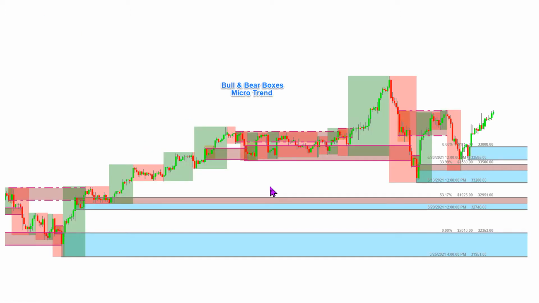So here's a picture of a chart that just has some bands on it and bull and bear boxes. And so you can see that when you're trending upwards, you have the green box, and when you're trending downward, you have a red box. And so that can help you to easily visualize the micro trend that's occurring on your chart.